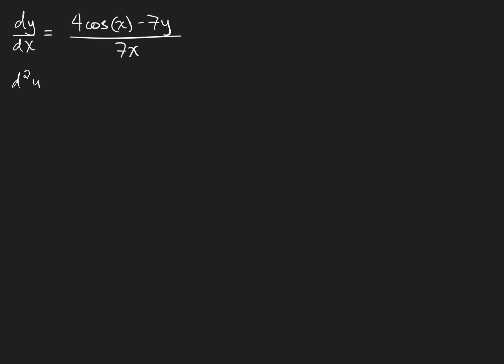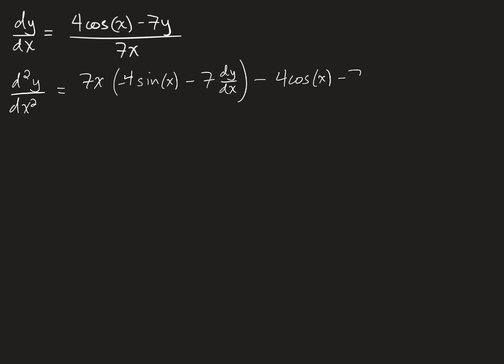This will be d squared y over dx squared equals the denominator times the derivative of the numerator, which is negative 4 sine of x minus 7 dy dx, minus the numerator, 4 cosine of x minus 7y, times the derivative of the denominator, all over the denominator squared.